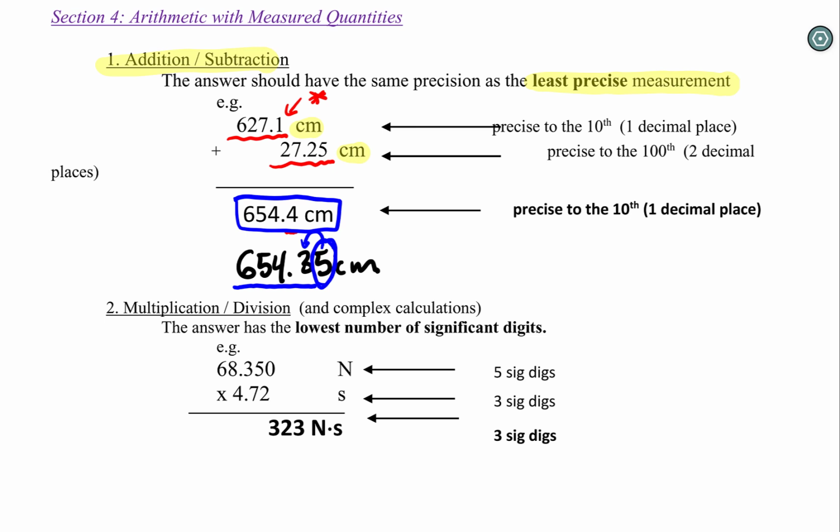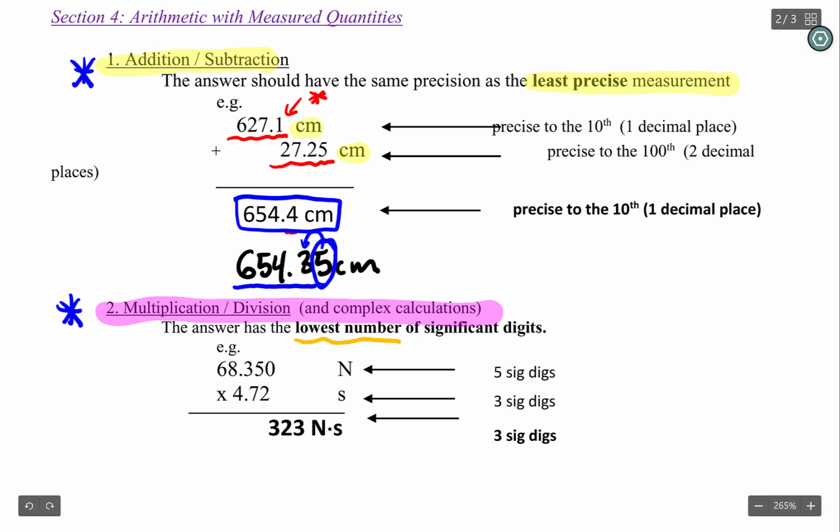This is the rule for adding and subtracting, which is different from the rule for multiplication and division. In multiplication and division, the answer has the lowest number of significant digits that you are working with. So for instance, 6 is my first real non-zero number. All of those digits that happen after it are significant.